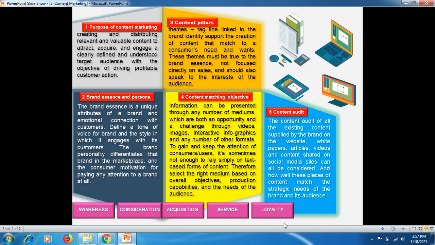And for the consumer motivation for paying any attention to a brand, you are introducing a persona, a reference person, with whom you are reaching so many customers at one time by preparing an image, video, and content in order to entice your customer so that they will be able to take a decision to buy your product.